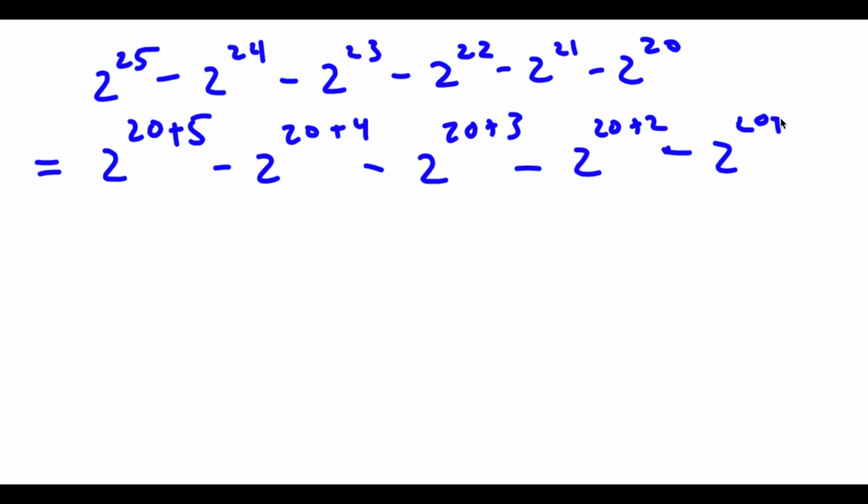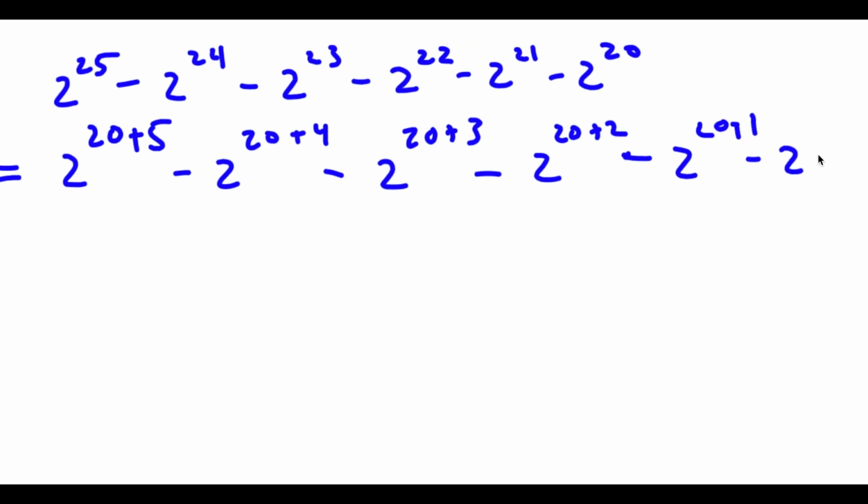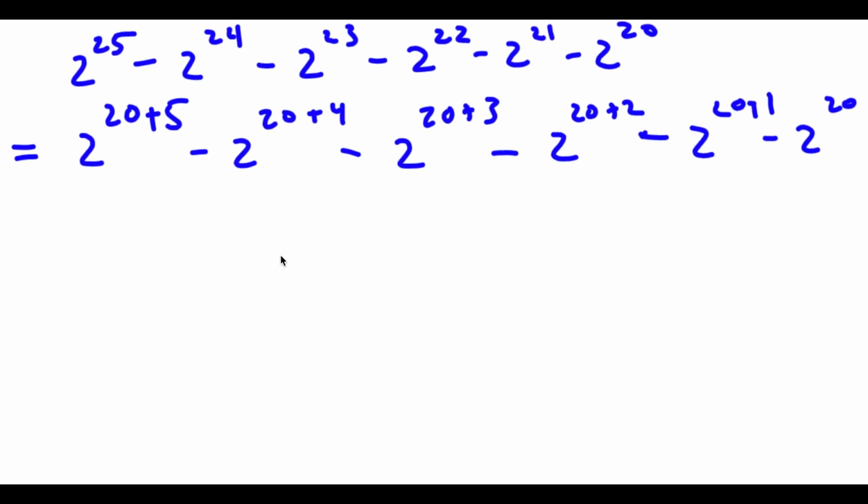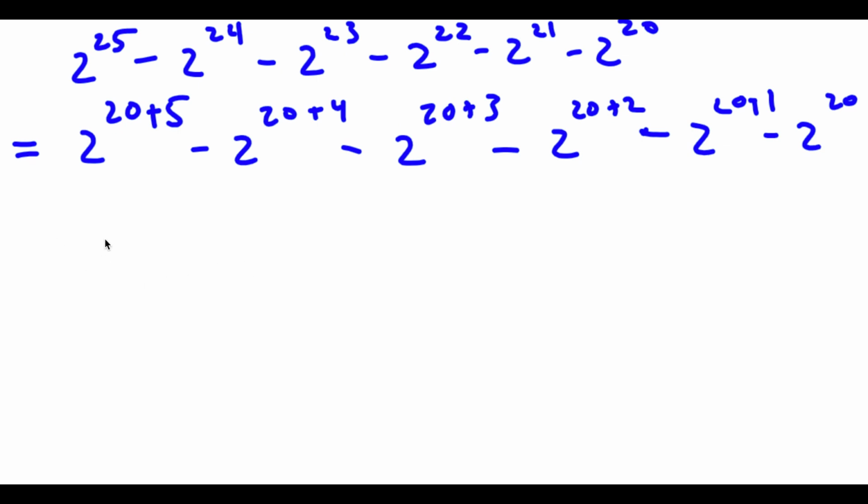21 is 20 plus 1. And then we have 20 left over. Now, if I have something in the form a to the power of m plus n, this is equal to a to the power of m times a to the power of n.